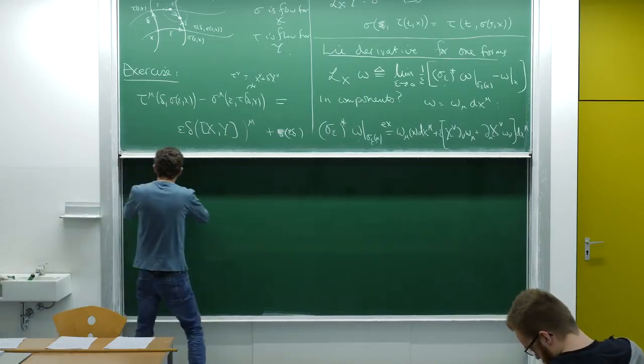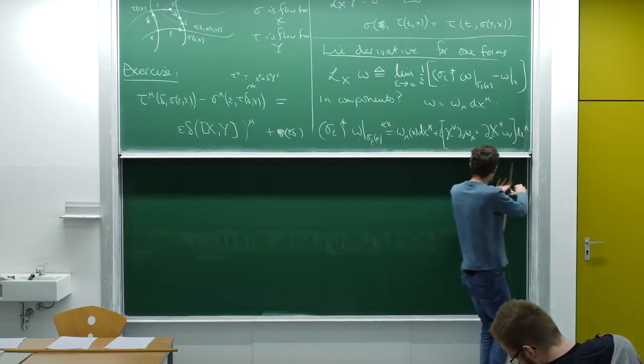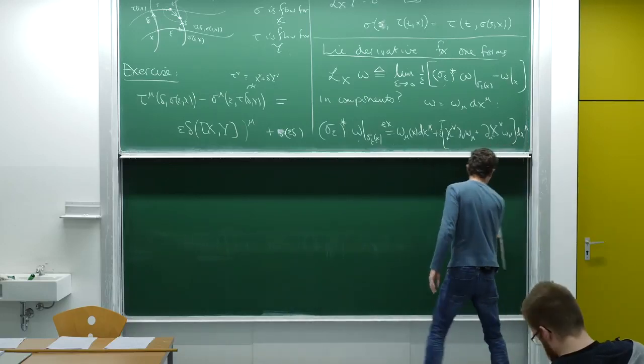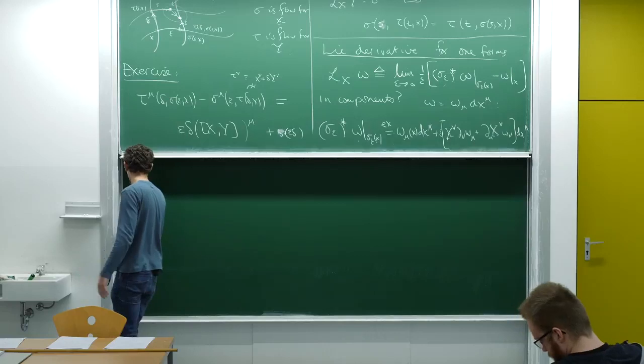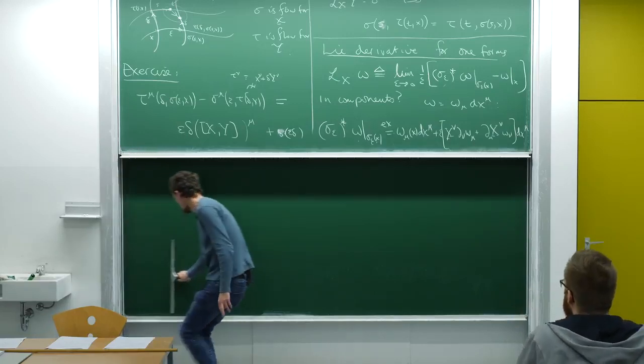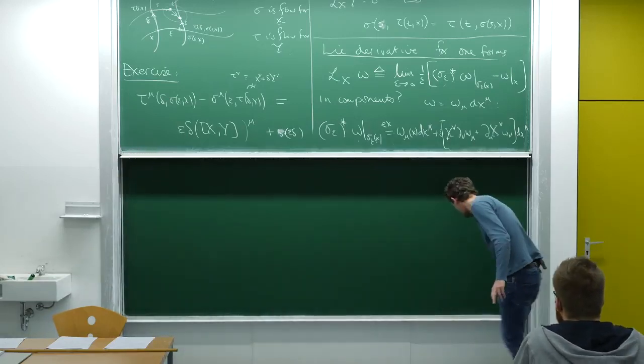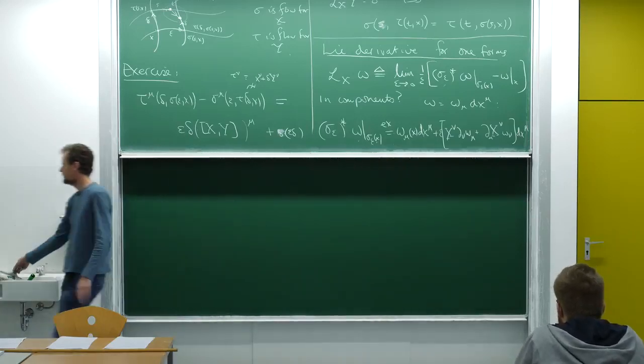Next we'll just use this to write out the Lie derivative of a one form, and then we'll immediately generalize to K forms. And then we're almost done.